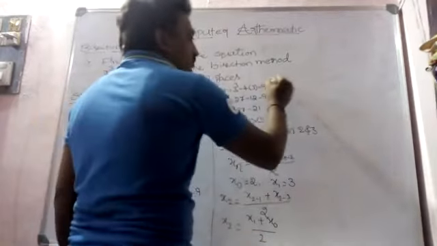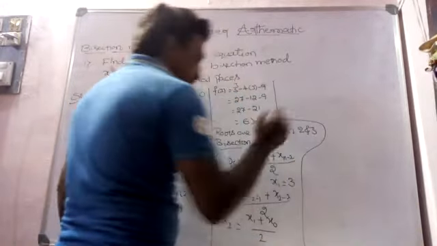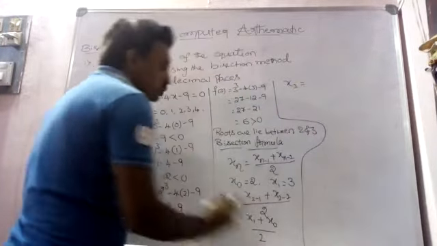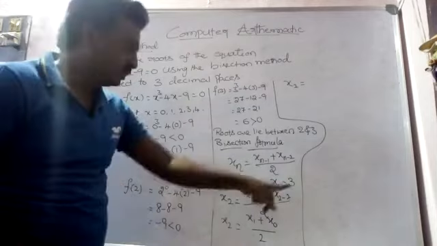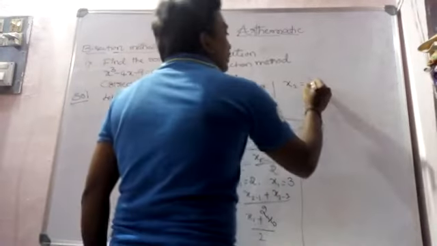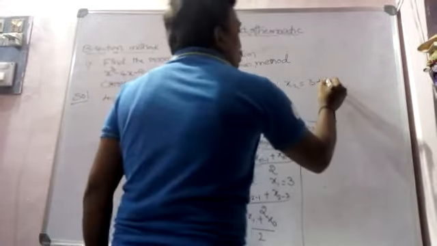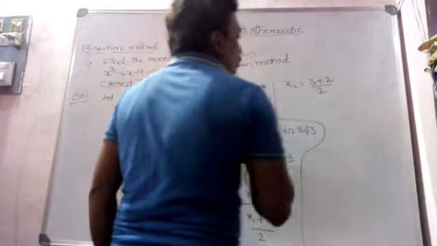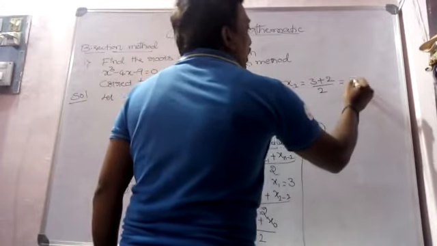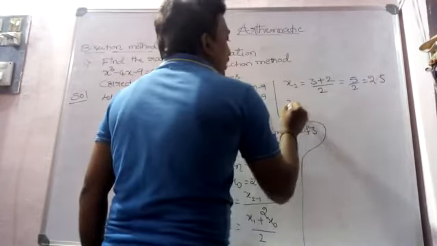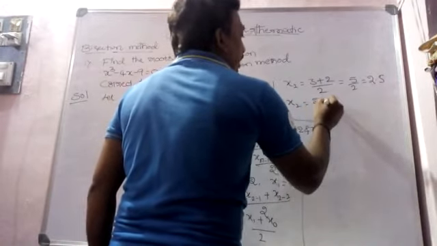Here x1 is 3, plus x naught, which is 2, divided by 2. That equals 5 by 2, which equals 2.5. So the x2 value is 2.5.